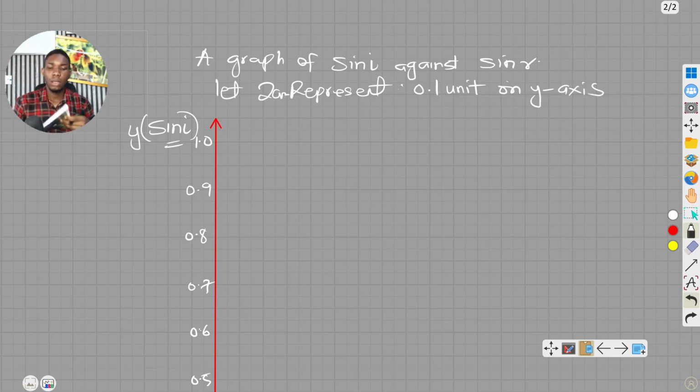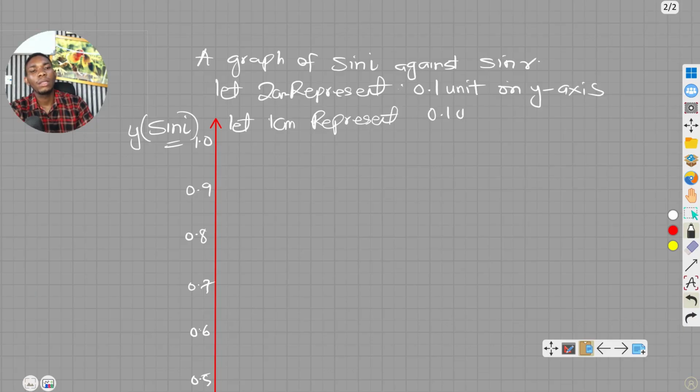Now let me see your graph. If the x-axis will be able to take up to that amount, we will have 0.1, 0.2, 0.3, 0.4, 0.5, 0.6. It will be able to take up to 0.7. So for the x-axis, we say let 1 centimeter, don't use 2 centimeters, represent 0.1 units on the x-axis, because if you use 2 centimeters, it will not fit.